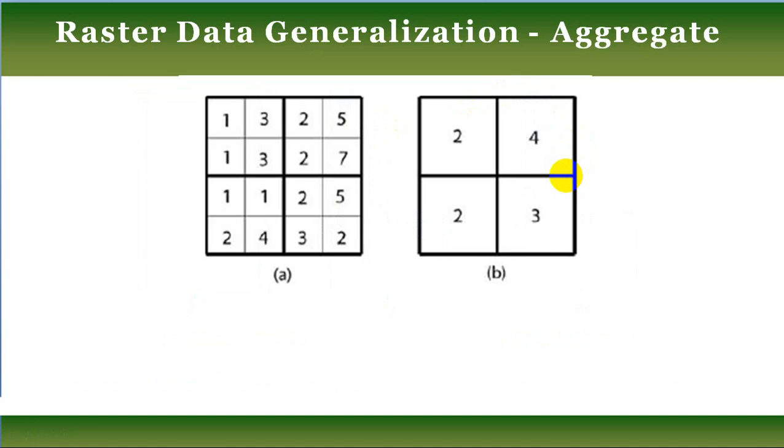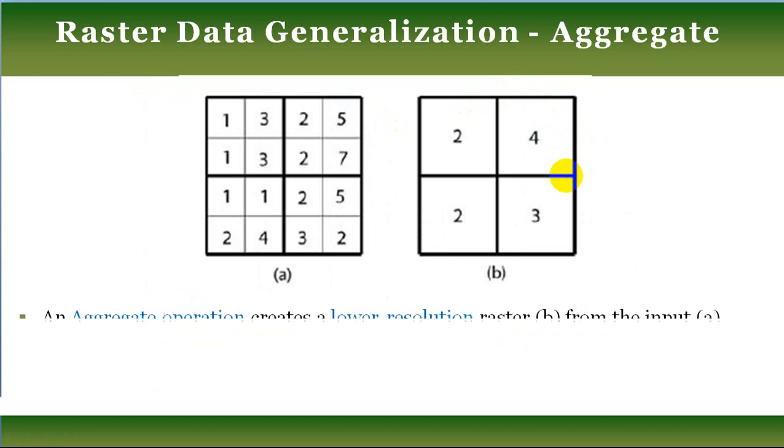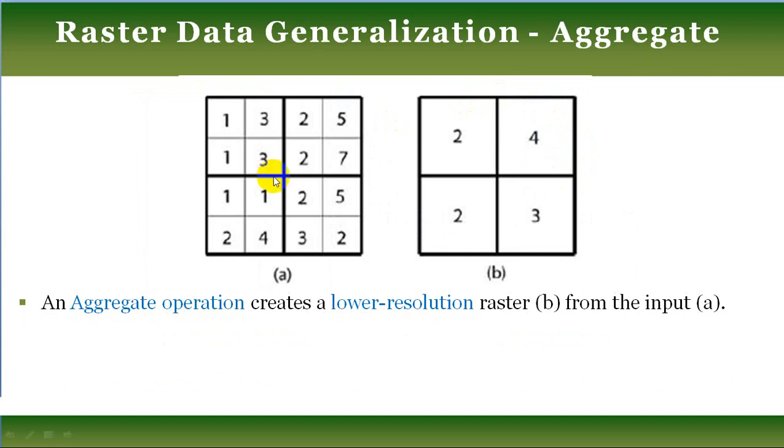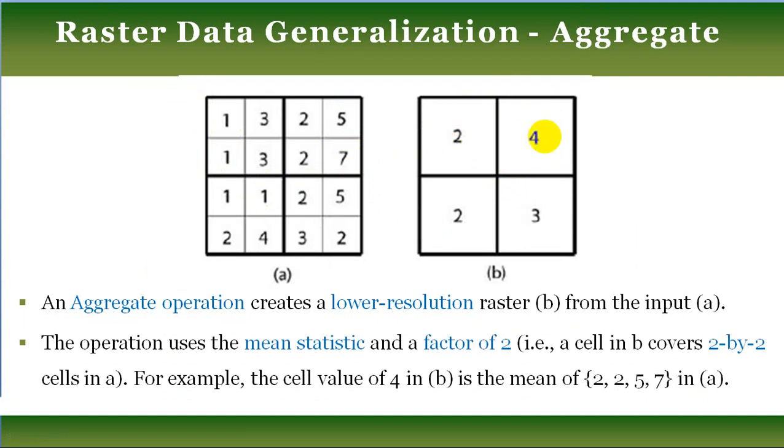Then we will discuss raster aggregate. This basically generates a lower resolution raster. This is the input raster, and from this input raster we generate a lower resolution output raster B. This operation uses mean statistics, the mean of those 4 pixels in a 2 by 2 window: 3, 4, 5, 8 divided by 4, so 2.